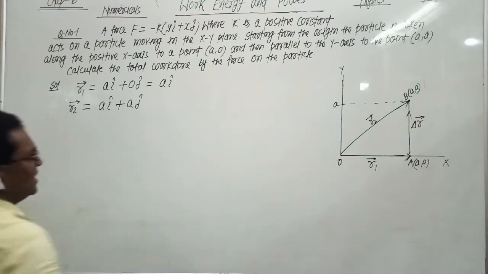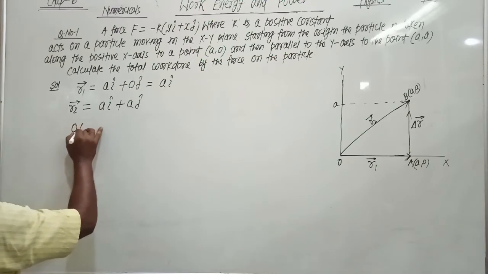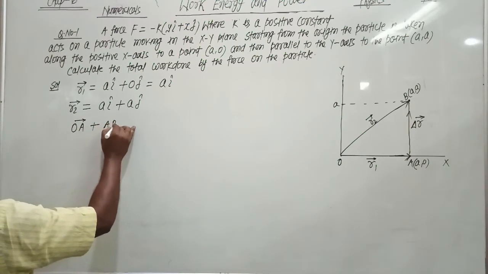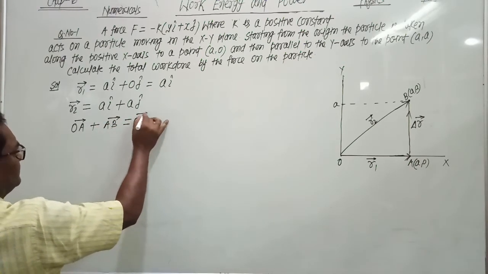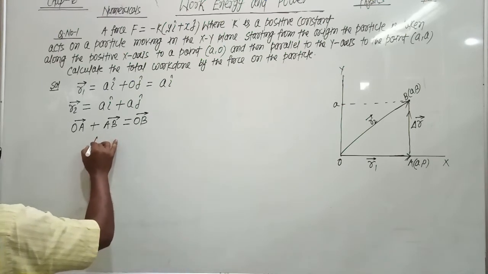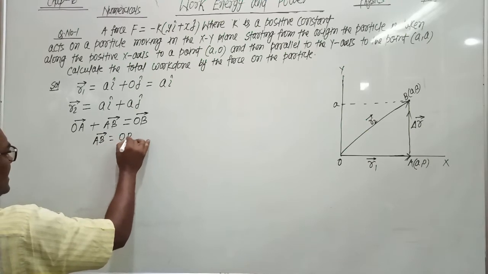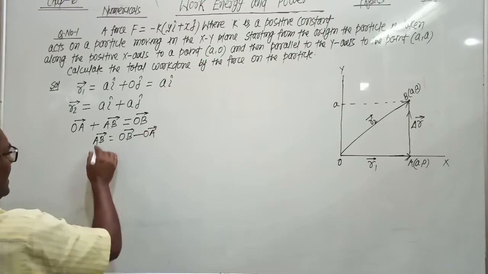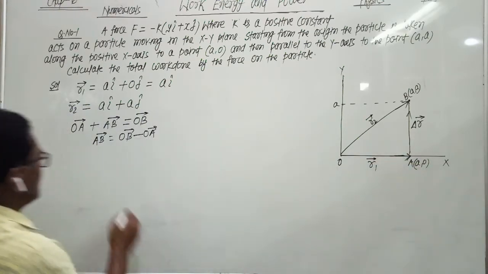From the triangle law of vector addition, we can write OA vector plus AB vector equals OB vector, so AB vector equals OB vector minus OA vector, and AB vector is represented by delta r.